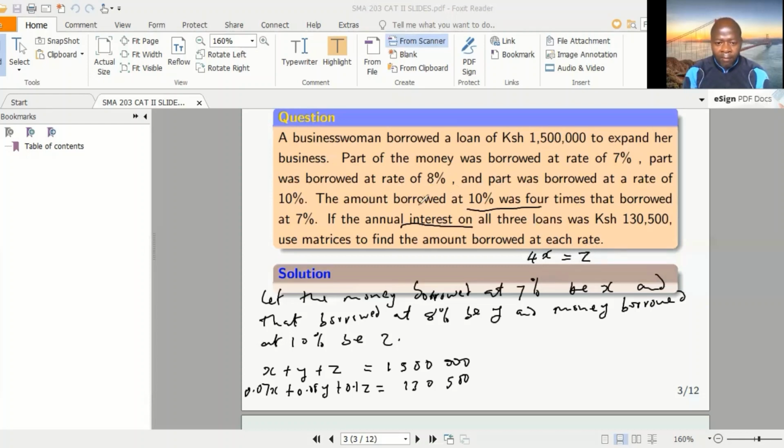So 4 times x gives you that. Or in fact, somebody can just say that this is 4x minus z is 0. And that is what I want to write. So this is the other equation: 4x minus z is 0.